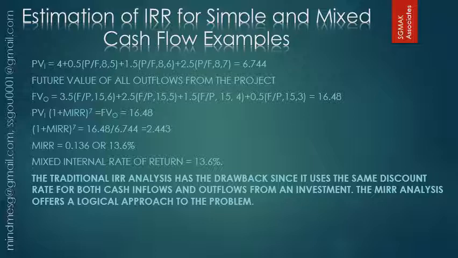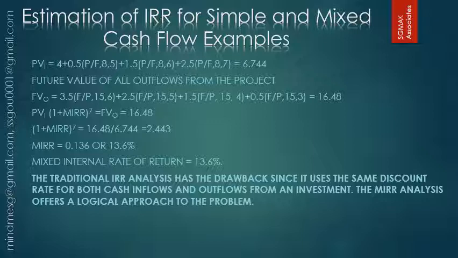The key thing to remember is two different interest rates, and typically the borrowing rate is lower than the interest you can earn on investment. Each has a factor F over P in this case, because we are going from present to future, taking the individual cash flow to the end of 7 years. So that comes out to be a future value of $16.48 million.